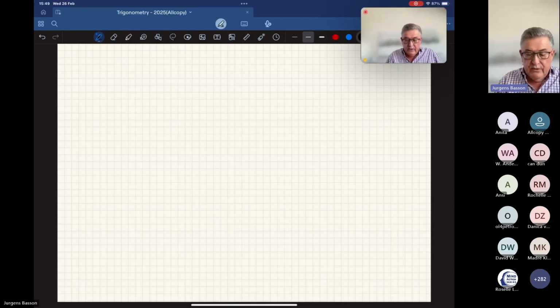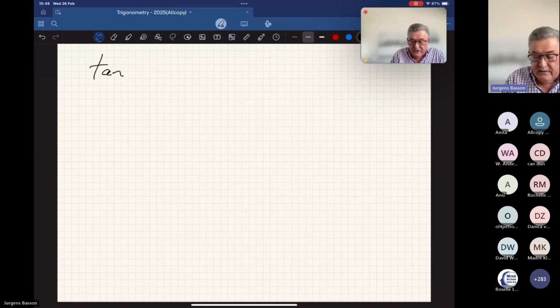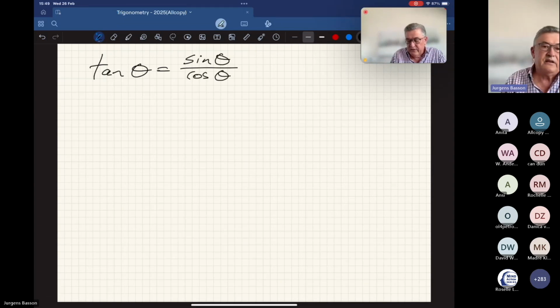So, ladies and gentlemen, the next thing that I still need to talk about with you are the identities. The one I mentioned, that is quite a one that everyone knows, is that tan is sine over cos. And then, of course, sine squared x plus cos squared x is equal to 1.